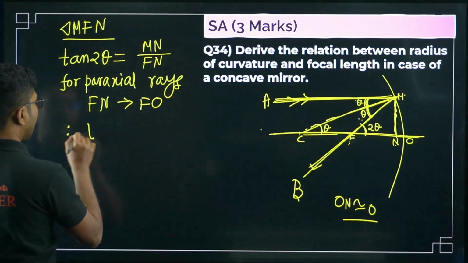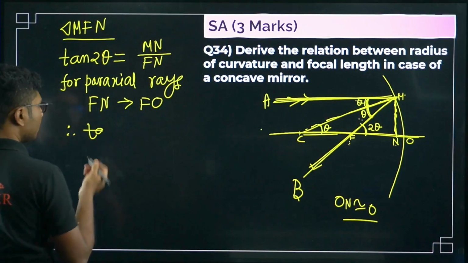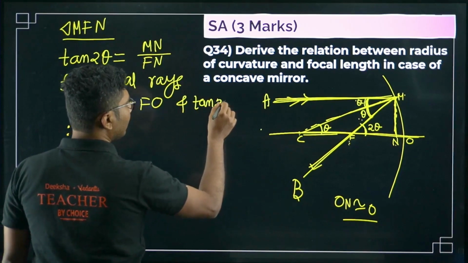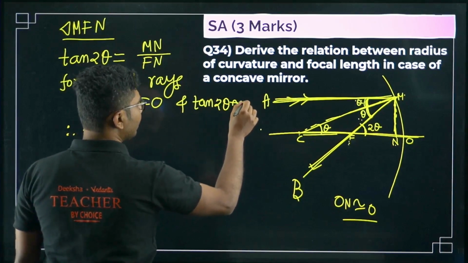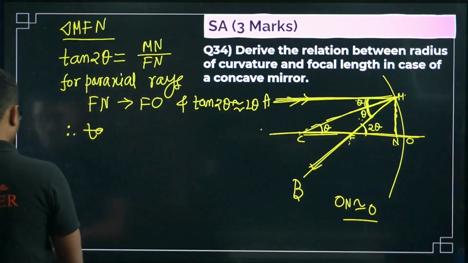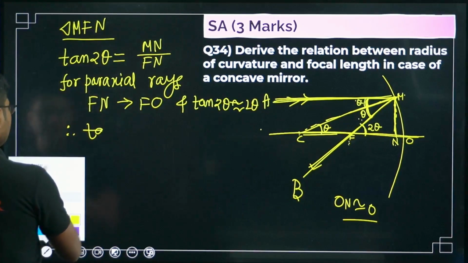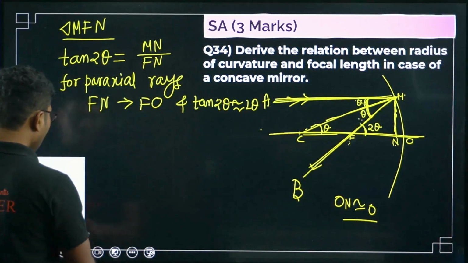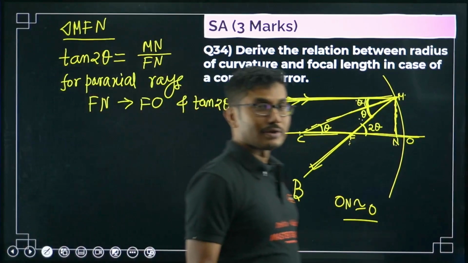Therefore, tan 2 theta is nearly equal to 2 theta. For small angles, we know that sin theta and tan theta are nearly equal to theta.